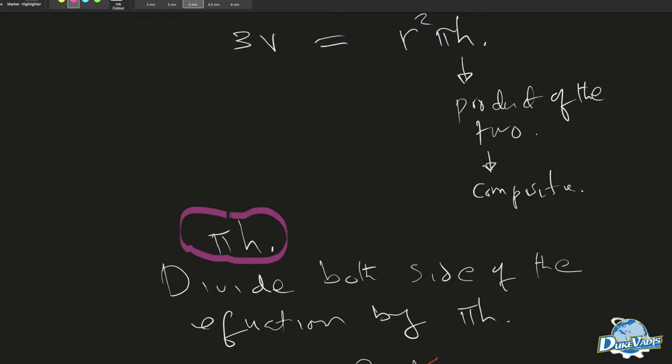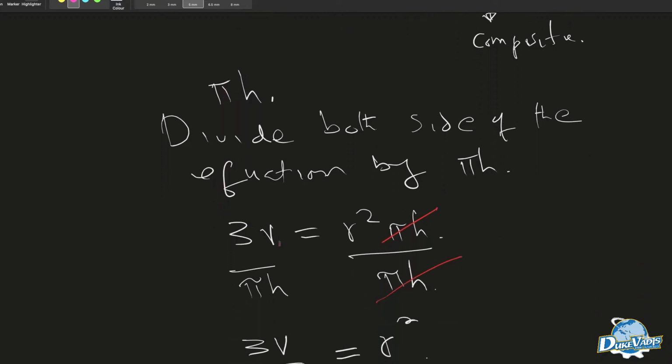We said divide both sides of the equation by pi h. Remember, in every equation, what we do to the left hand side, we do the same to the right. So 3v is equal to r squared pi h, and we divide the left hand side by pi h, and also the right hand side by pi h.